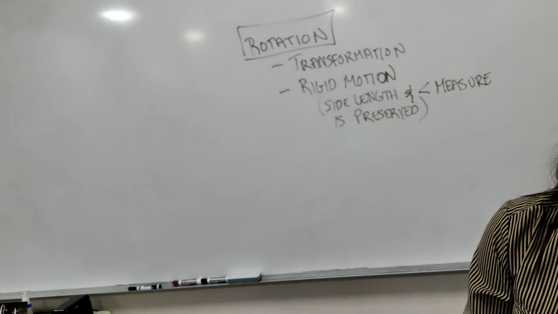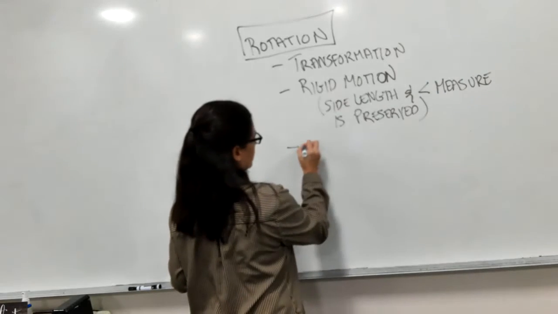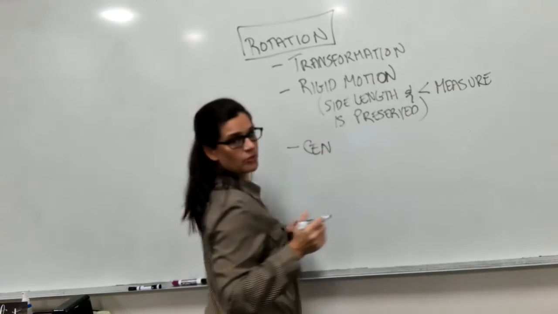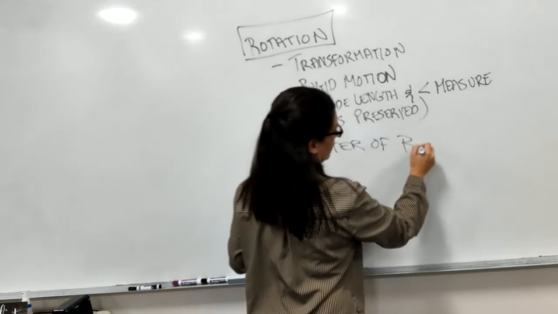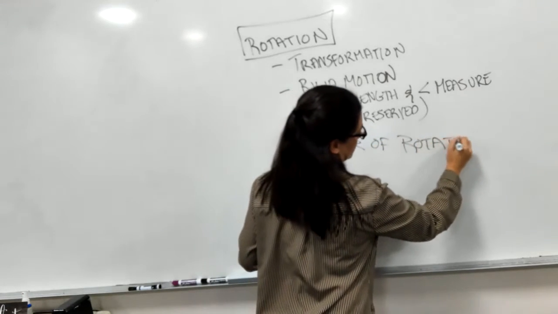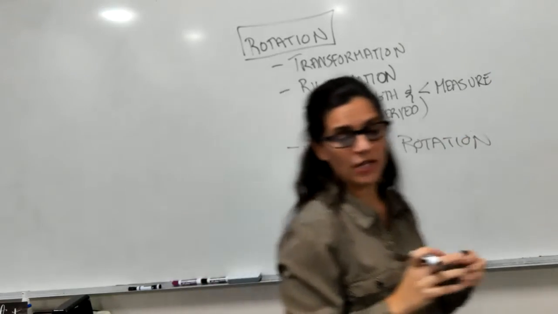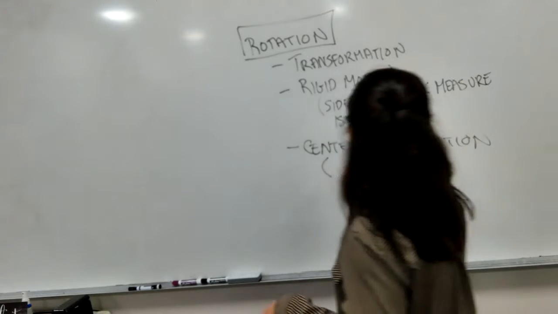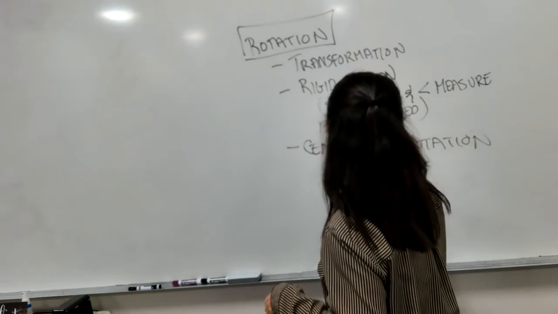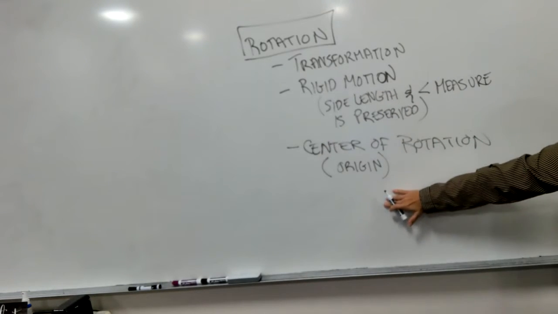The center of rotation is what you are turning your object around. We're going to do rotations in coordinate planes, so usually our center of rotation is going to be the origin. Not always, but usually.